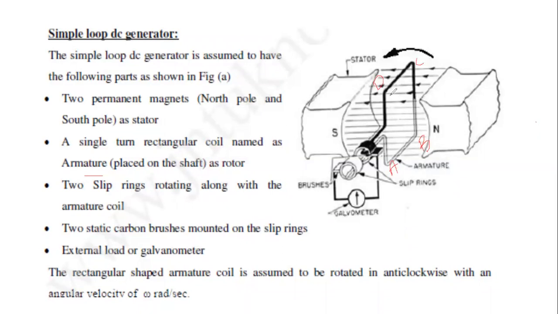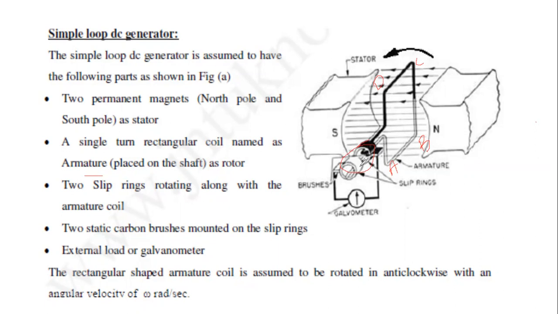Next, at the end of this rectangular conductor, we are connecting two slip rings. By using these slip rings, the conductor will be rotated.